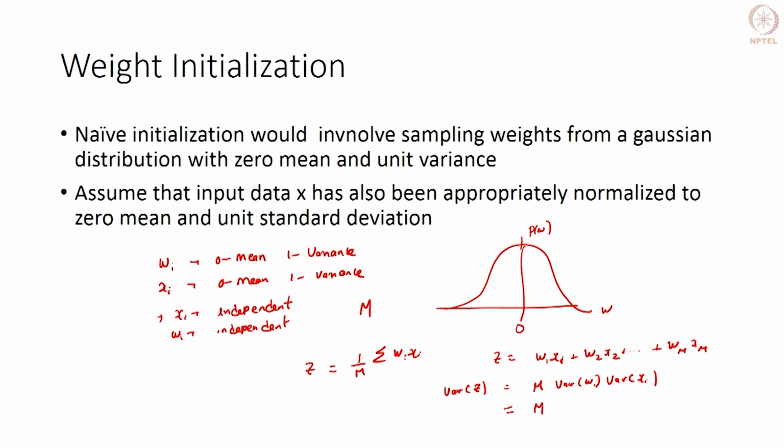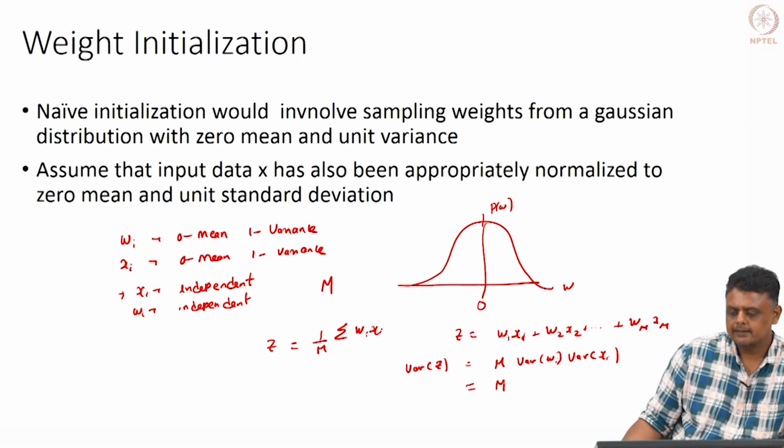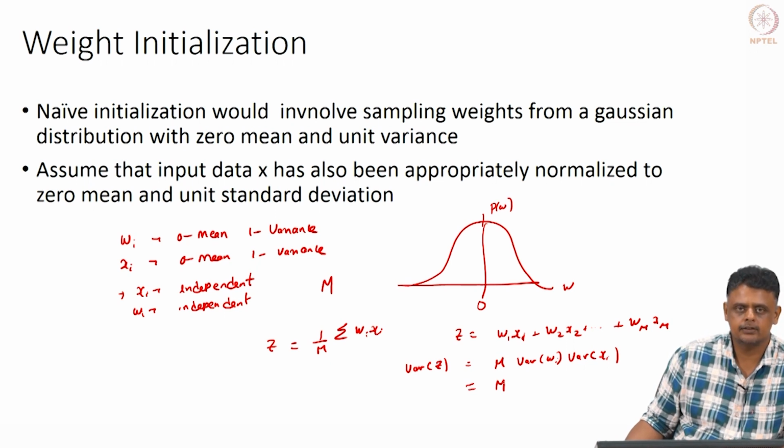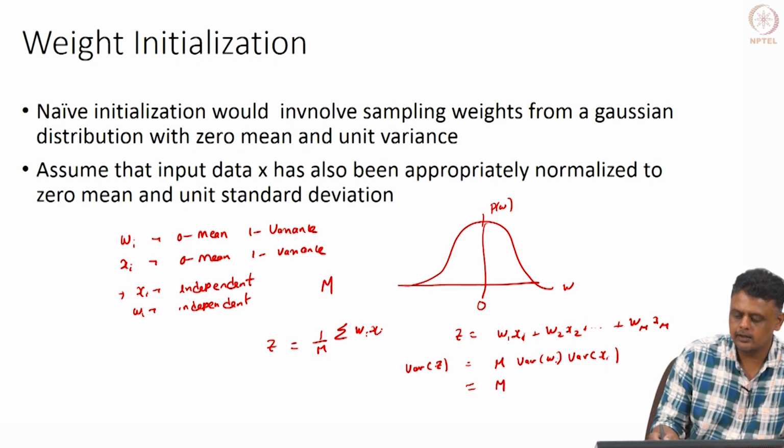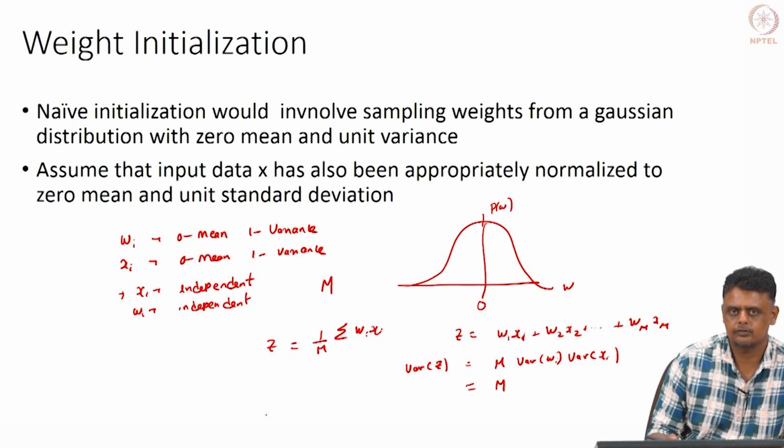So, what is the implication? The implication is that if you randomly sample W's from a Gaussian with 0 mean and unit standard deviation, and of course you have normalized your features also to be that way, then consider the variance of the sum z, which is the input to your sigmoid function, let us say, just for the sake of argument.